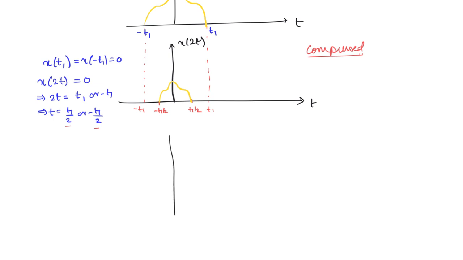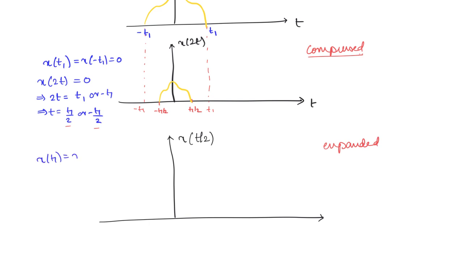So the expanded version is going to occur when the signal is x of t by 2. So this is the expanded version. Okay, so you can verify x of t1 is equal to x of minus t1 is equal to 0. So now if x of t by 2 should be equal to 0, this means that t by 2 should be equal to t1 or minus t1.